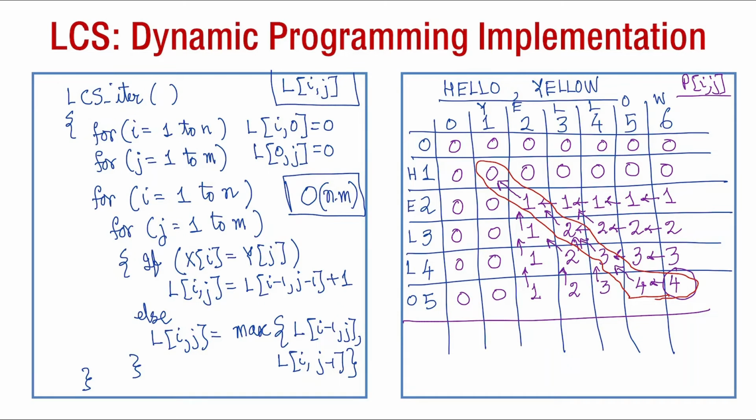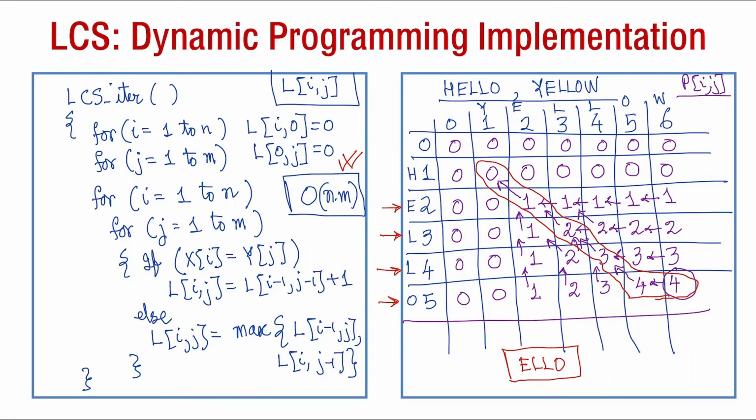And this sequence will really tell us that the common matches that have occurred are at E, at L, at L and at O, and from here you will know that E, L, L, O is the maximum common subsequence.